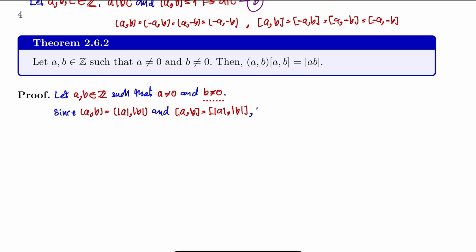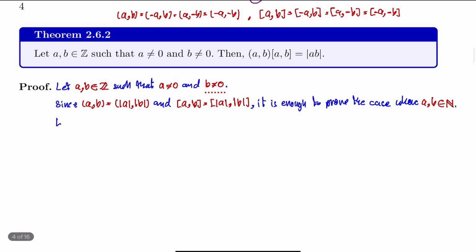Okay, so it is enough to prove the case where a and b are both positive integers.